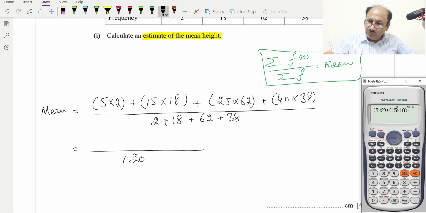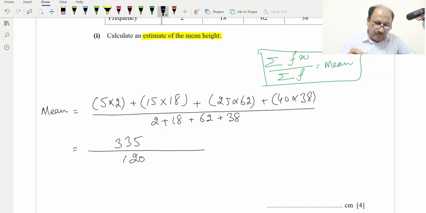So plus this one will be 25 into 62, and the last one is 40 multiplied by 38, and this will be equal to 3350.